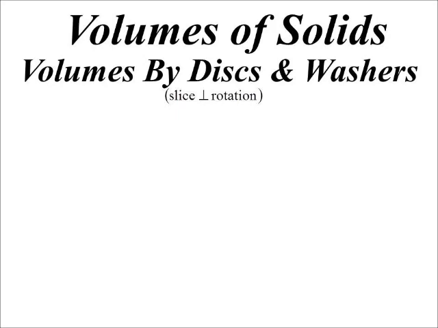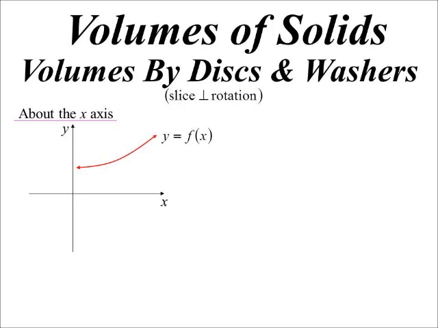This technique is whenever you want to slice the volume perpendicular to the rotation. So we're assuming it has a circular cross-section. So let's just look at a general one going about the x-axis. So some function, and we want to go from A to B, and we're going to rotate that shape around the x-axis, but I'm going to slice it up.